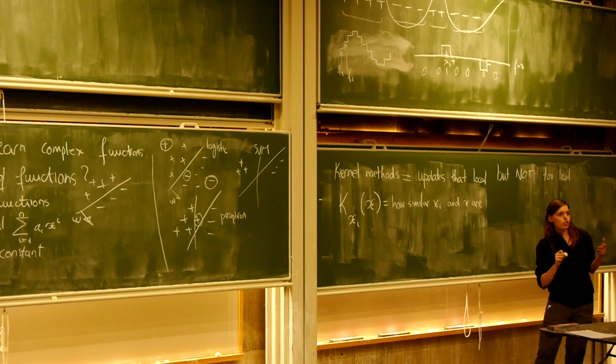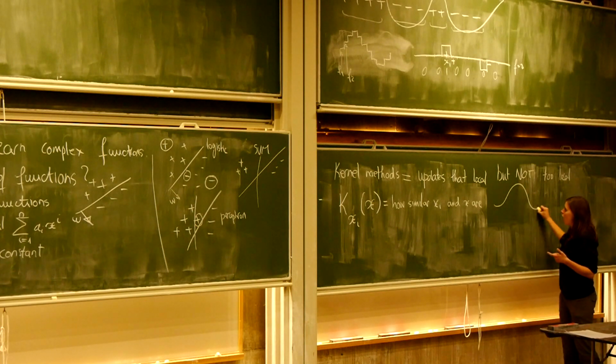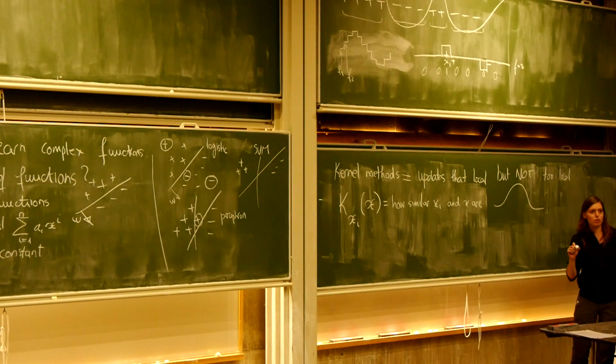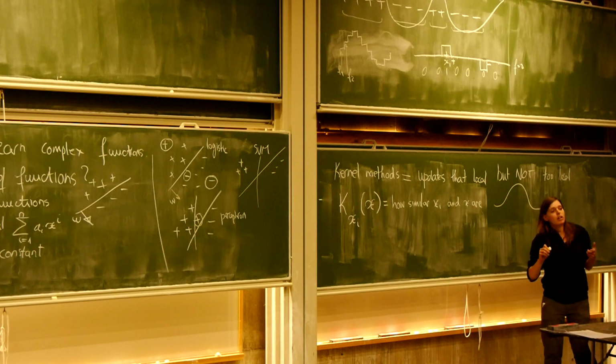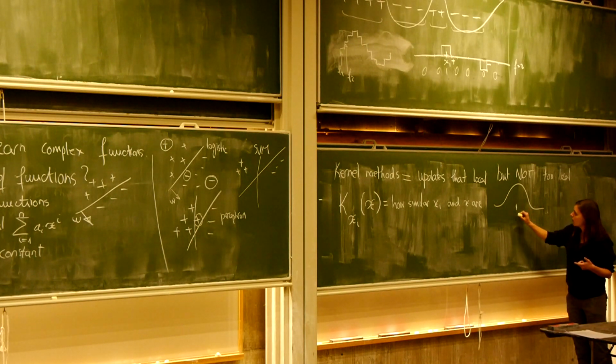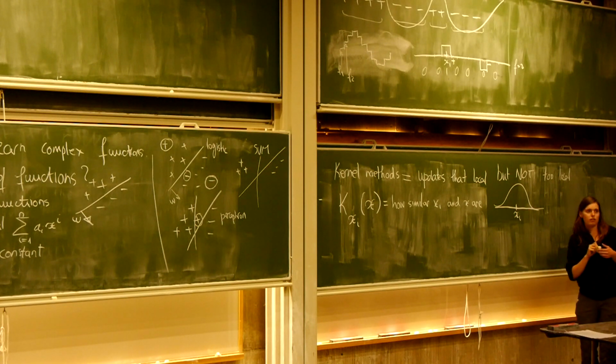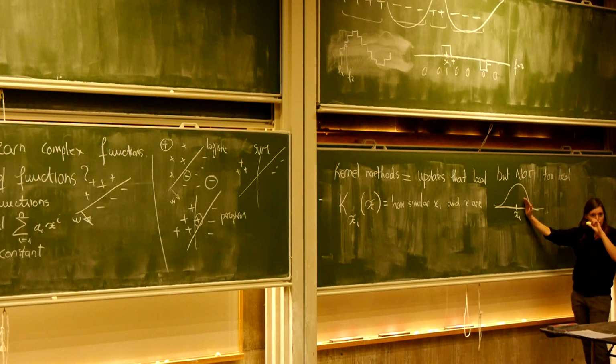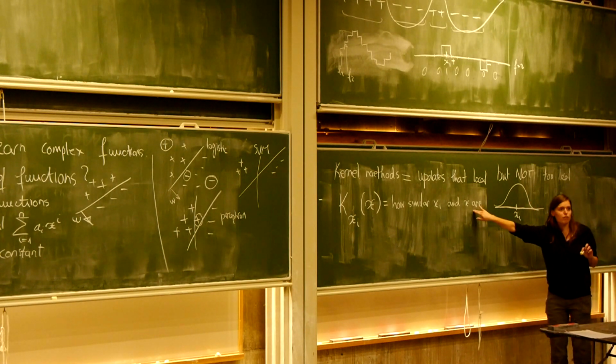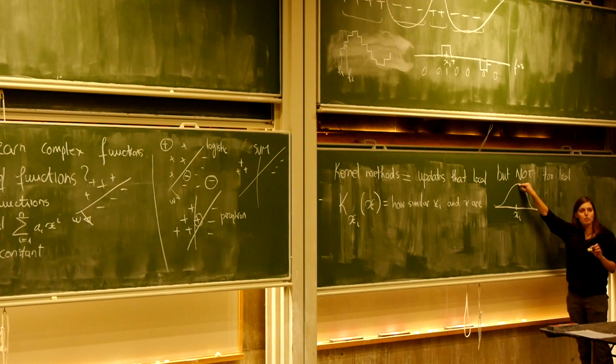Because this is the intuition, we tend to see kernel functions looking very much like blobs. And I'm very tempted to refer to them as blobs for the rest of the term. The reason they do that is if this is xi, the center of the kernel function, you can see that a function like this captures the intuition that we're looking for here. If you're smack on top of xi, you're very similar to it.